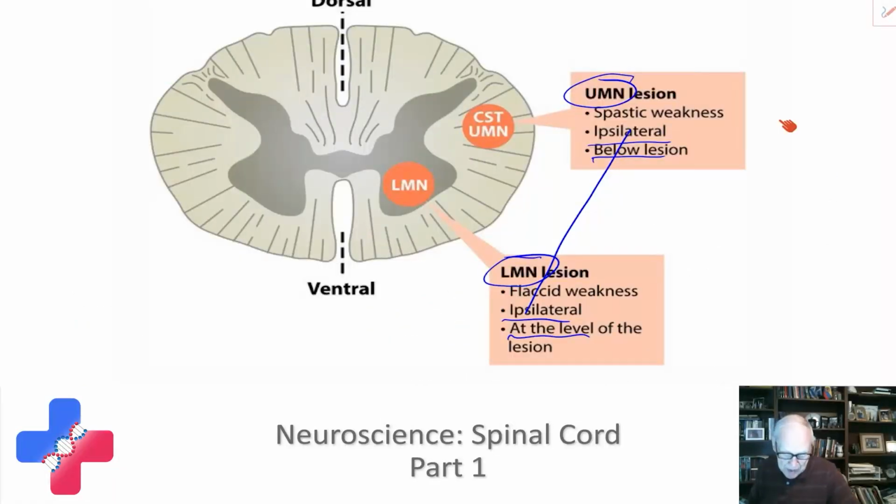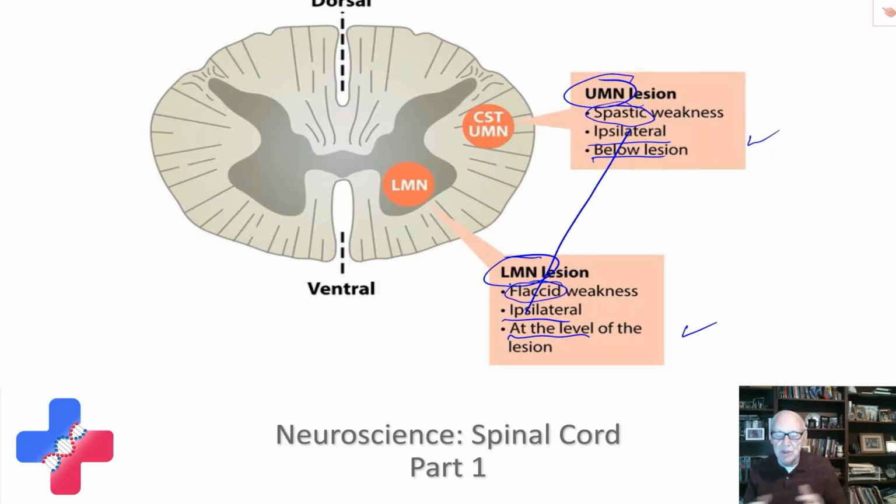Remember, we said when you damage upper motor neurons, they're going to be below and ipsilateral in the cord. Lower motor neurons are at the level and ipsilateral. But notice two key words here have occurred: spasticity and flaccid.